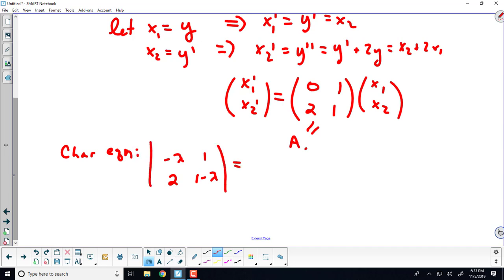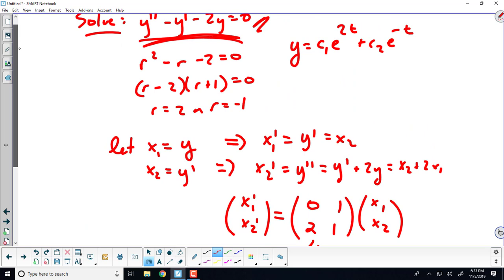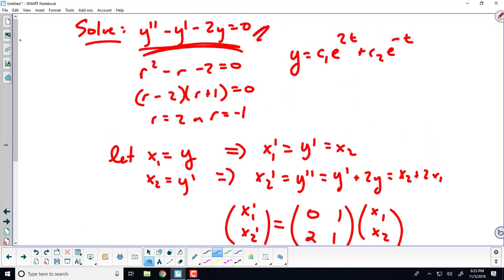And if we calculate that determinant, we end up with lambda squared minus lambda minus 2, which is the exact same equation as the characteristic equation was originally.